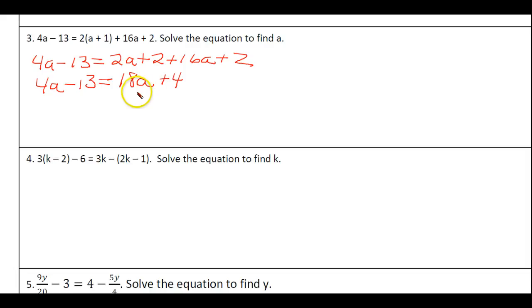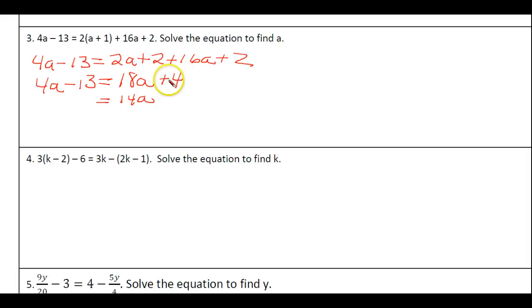Now we're going to get all of the a's to one side. And we could use this side too. I like to keep my variable positive, so I'm going to subtract 4a there, subtract 4a there, and get 14a.